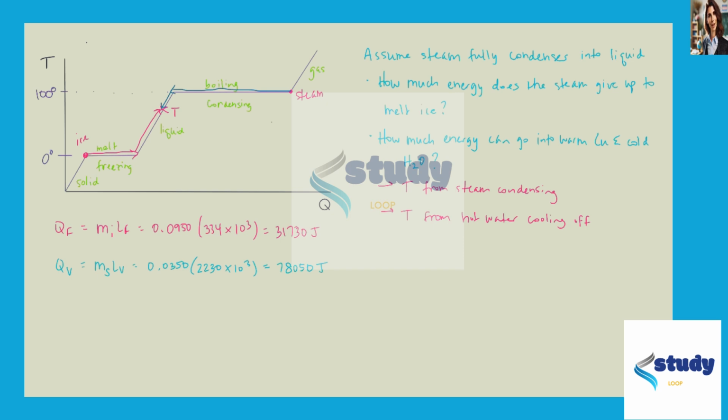So our difference here is, of course, going to be what goes into warming up the copper and ice. Now that we know how much of the energy from the steam is needed to melt the ice, we can find that it's 46,320.